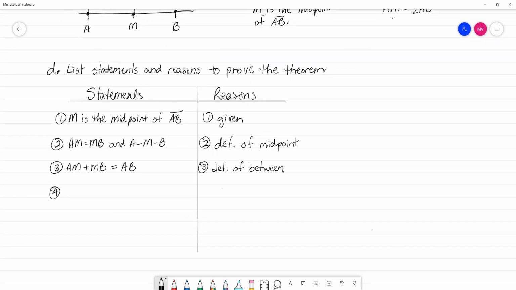You then define between, saying that AM plus MB equals AB. And then you can replace that MB with AM because you just said they're the same thing in point 2. So the way you write that is the AM plus AM equals AB. And that is, really, you're just using substitution.